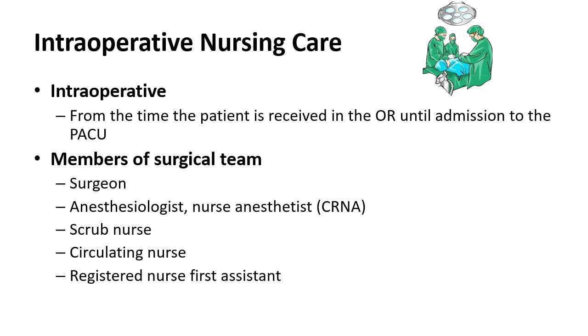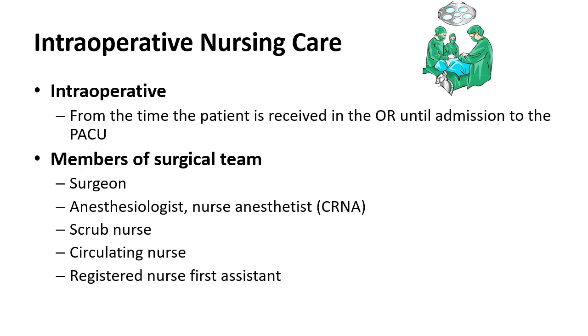That is typically what you see with registered nurses. The circulating nurse is the main job that we will talk about, because you will have a circulating nurse in every OR. And then you will often have as well a registered nurse first assistant, which is a specialized trained registered nurse that is the first assistant to the surgeon, who does some specialized care and procedures with the surgeon, such as suturing and different types of techniques and procedures as well.